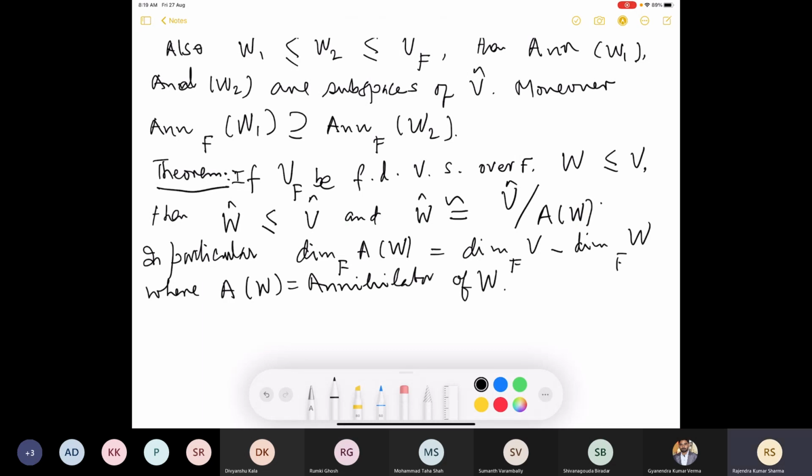Of W. So what we want to prove is that if V is a finite dimensional vector space over F, and W is a subspace of V, then W is also finite dimensional.